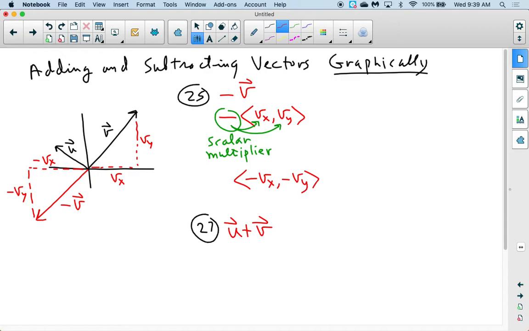So let's consider what this means if we had these vectors in component form. Well, it would look like this.